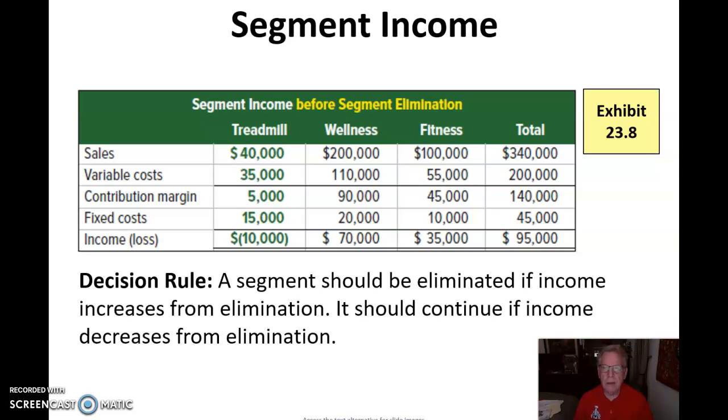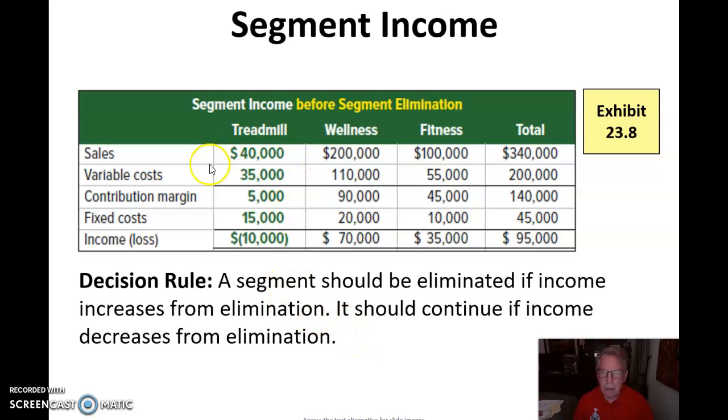So here are the segment totals before segment elimination. And I've got treadmill and wellness and fitness. And as you see, treadmill is losing money on what I call a fully accounted basis. What we want to look for though is this $15,000 of fixed costs. It's generating $5,000 of contribution margin.